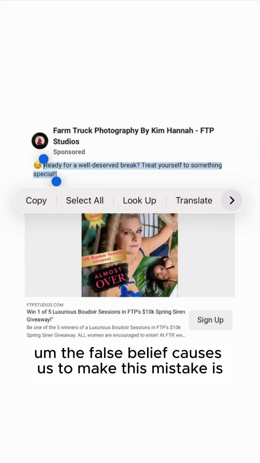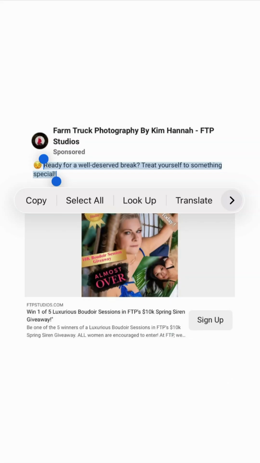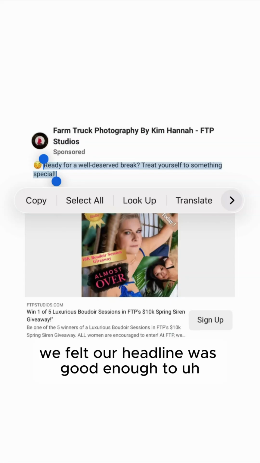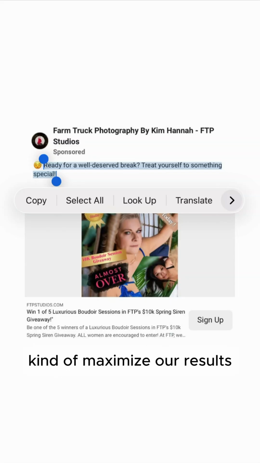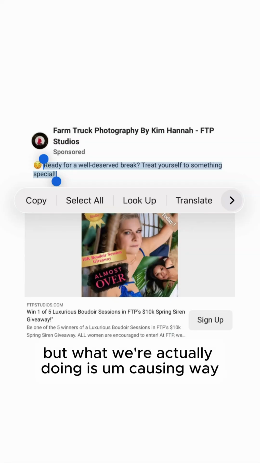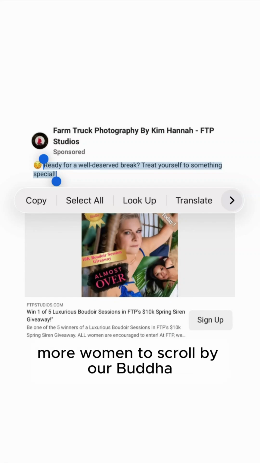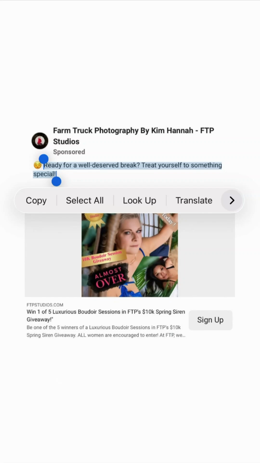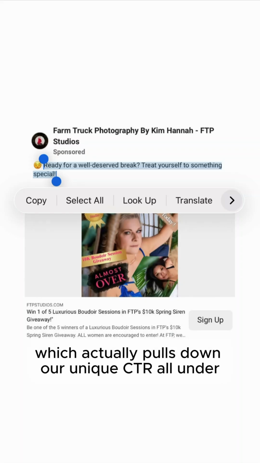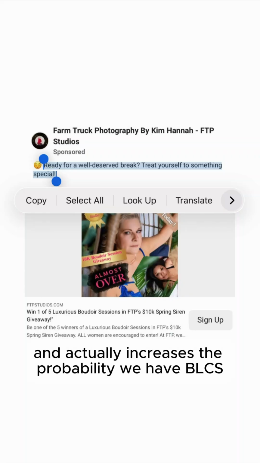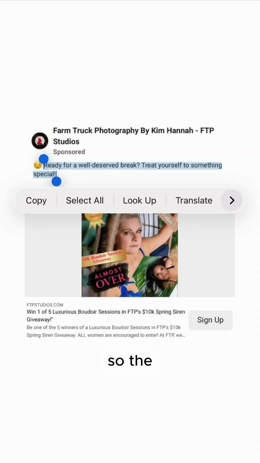The false belief that causes us to make this mistake is we felt our headline was good enough to maximize our results, optimize our results. But what we're actually doing is causing way more women to scroll by our Boudoir Facebook ad than necessary, which pulls down our unique CTR under 6% and increases the probability we have BLCS.